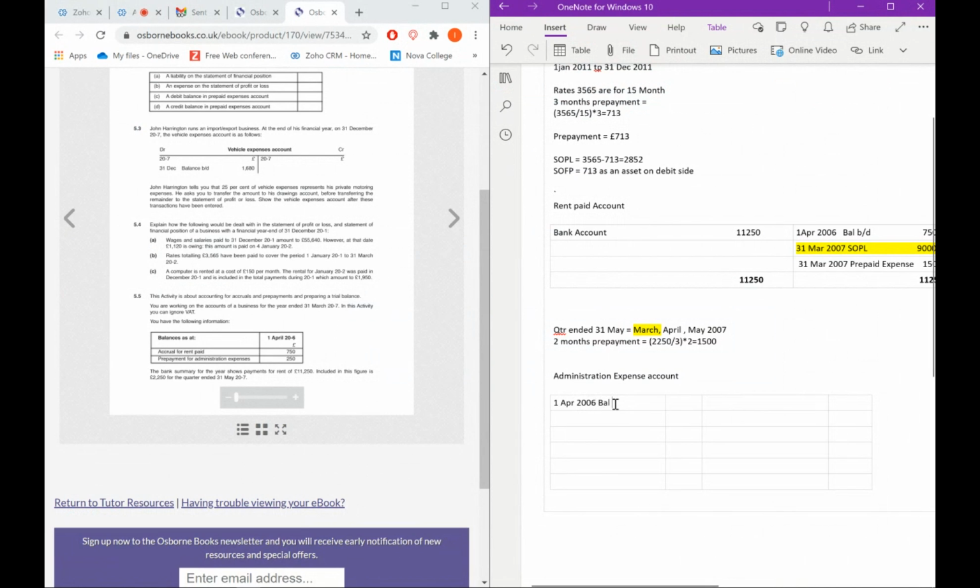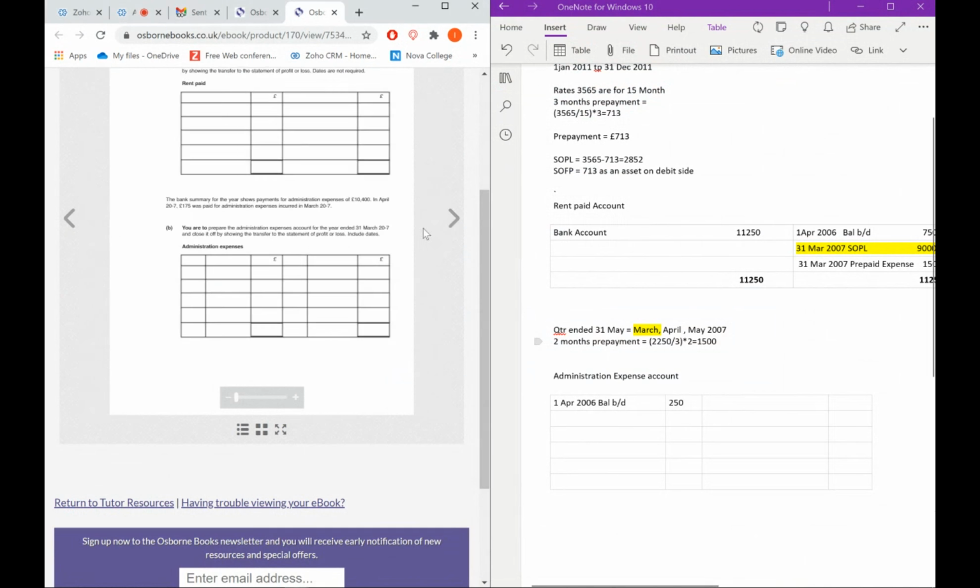Prepayment amount is balance brought down. So in your exam, you will have to select it from the drop down menu. Yeah, 250. And then more information is given here. The bank summary for the year shows payment of administration expense 10,400. So during the year we paid 10,400.